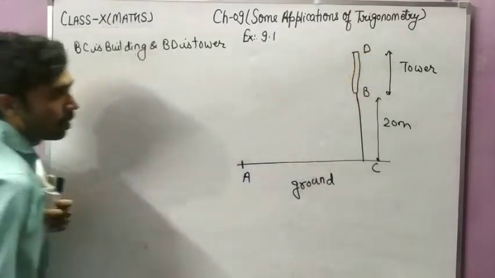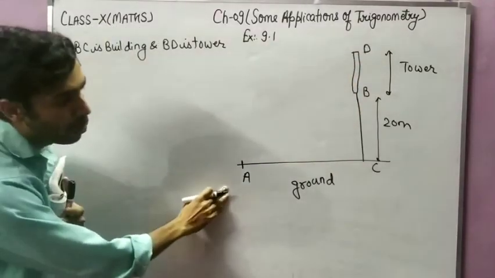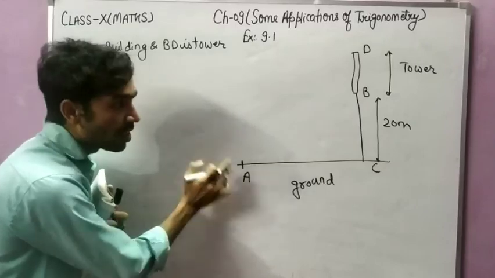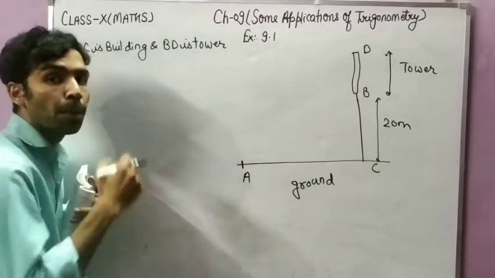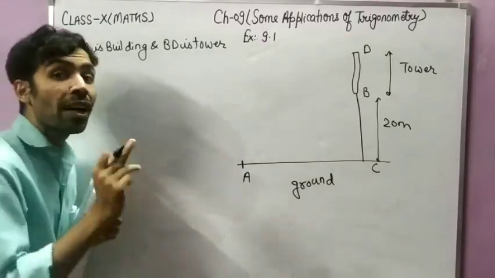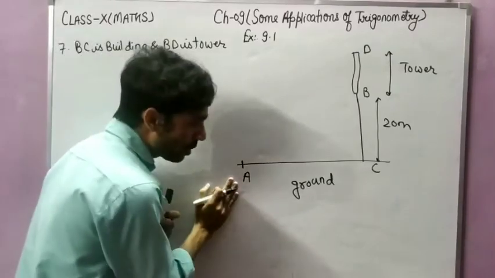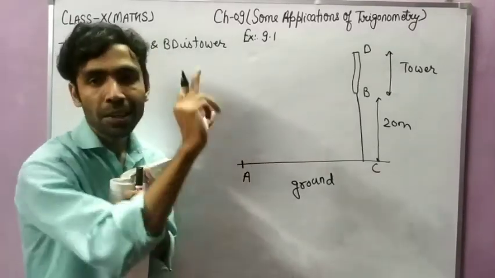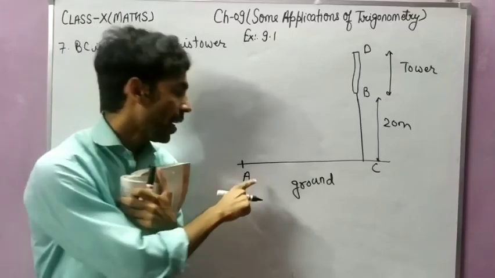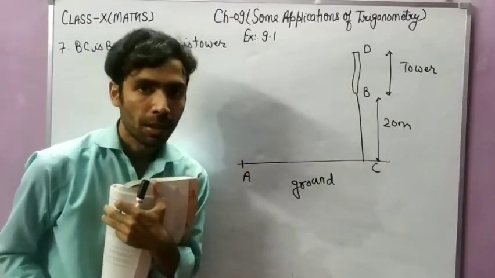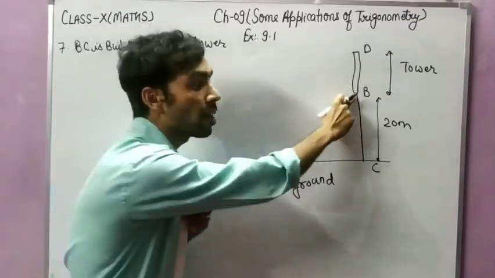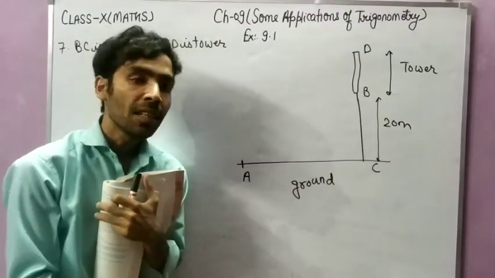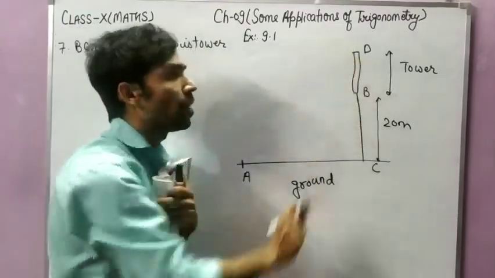So the bottom of the tower will be B and the top of the tower will be D, and A is a point on the ground, and from this point we are seeing the transmission tower. First he will see the bottom of the transmission tower, then he will see the top of the transmission tower.